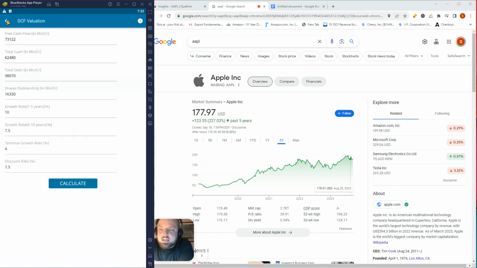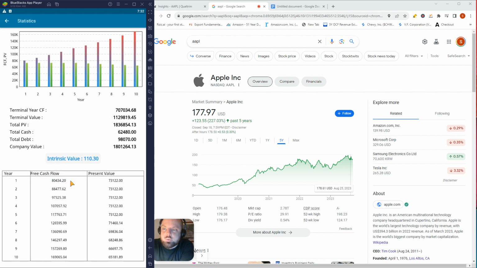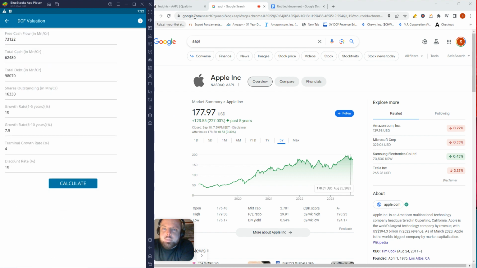So it's not an exact science, but I'll leave you with this. At the regular discount rate, the discount rate is, long story short, about how much money you want to make each year on the stock. It's the way that this math science magic works. So $178 stock, I'm saying it's worth around 110, but it also might always trade a little bit higher.